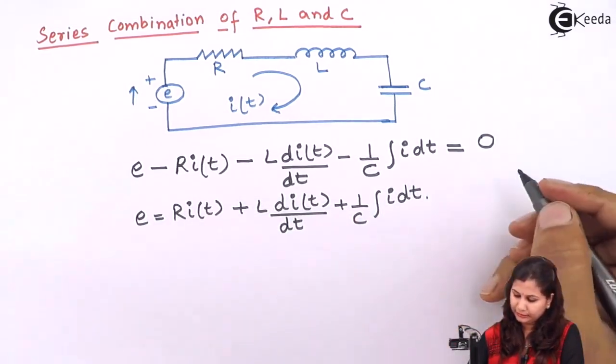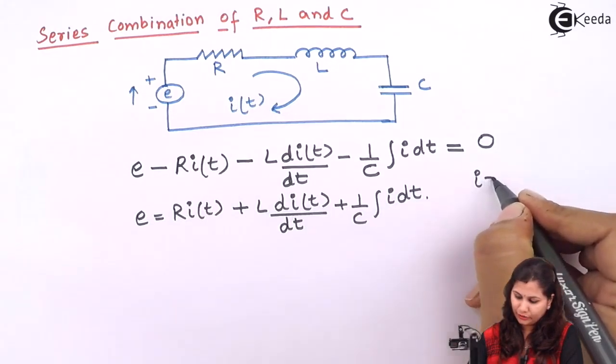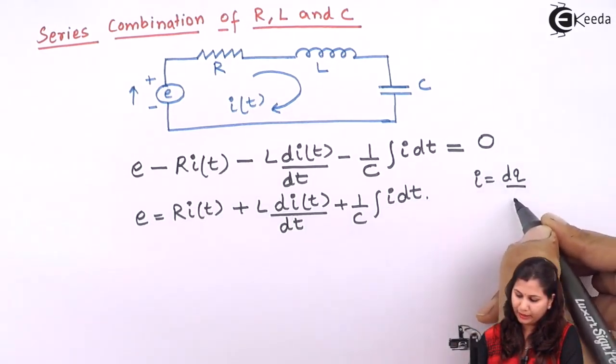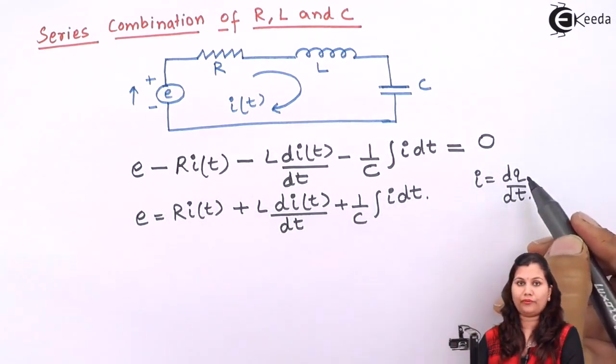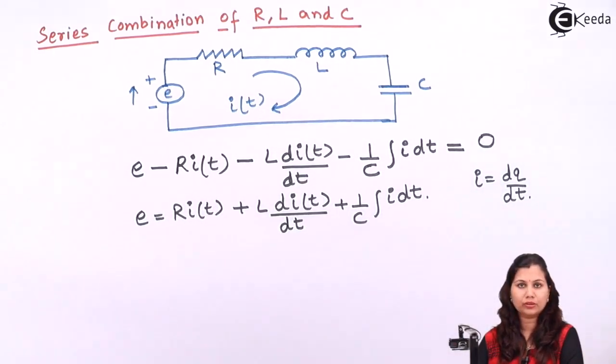Now we know that the current is equal to dq by dt, that is the differentiation of the charge with respect to time.